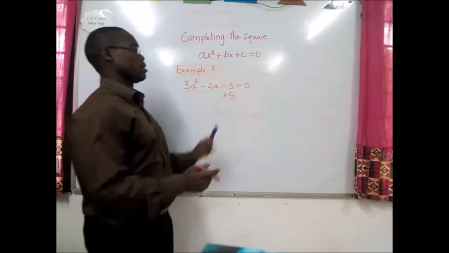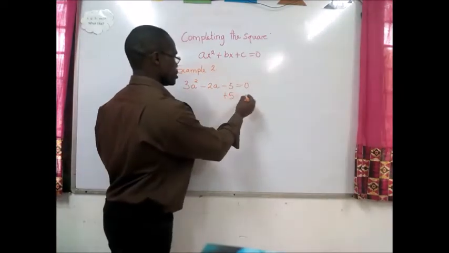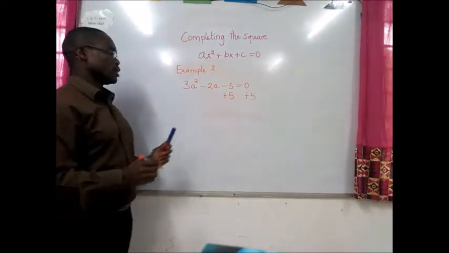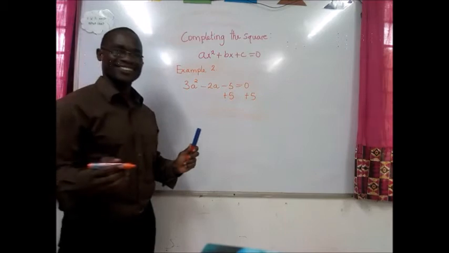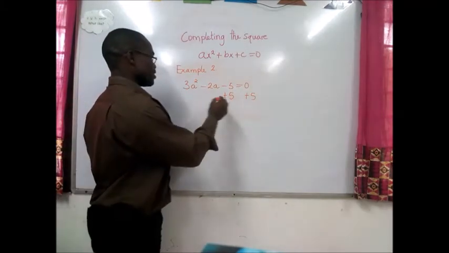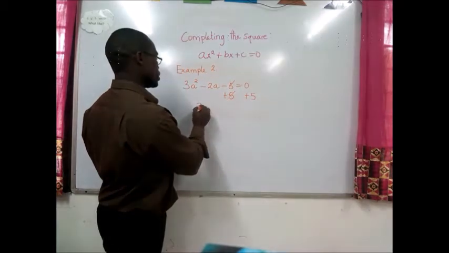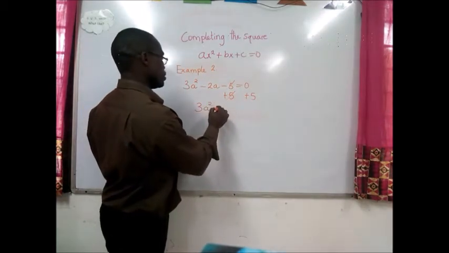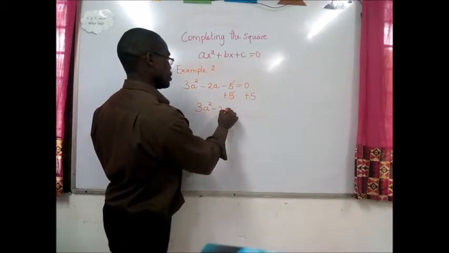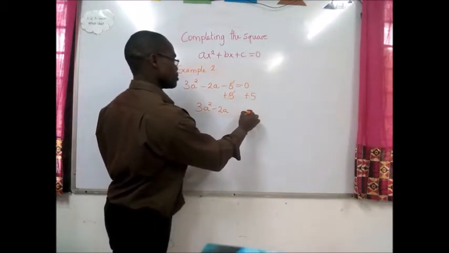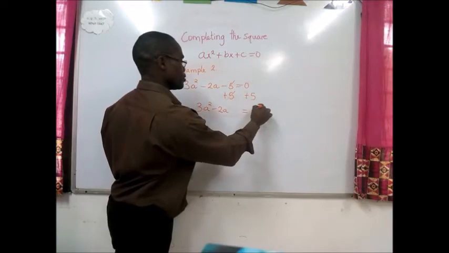Because if I add here, it will cancel it off. So I add on the other side. And then here, what do I get now? It will be cancelled. The new question will be a squared minus 2a, space, we leave the space because we need to add something there, is equal to 5.